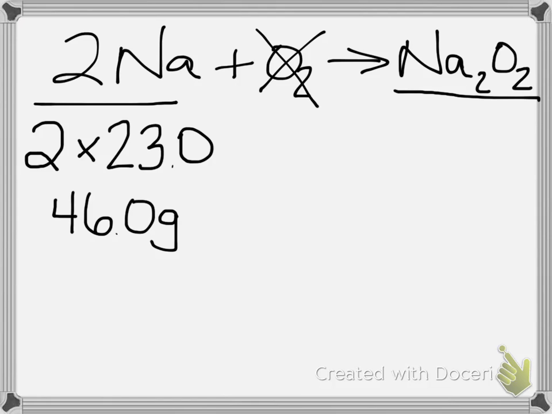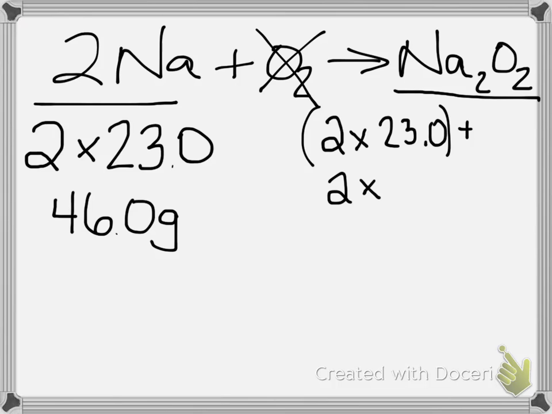For sodium peroxide, 1 mole, so therefore I only have to calculate the formula mass. So there are 2 sodiums at 23.0 grams. And I have to add that to 2 oxygens at 16 grams. So that's 46 for sodium, 32 for oxygen.